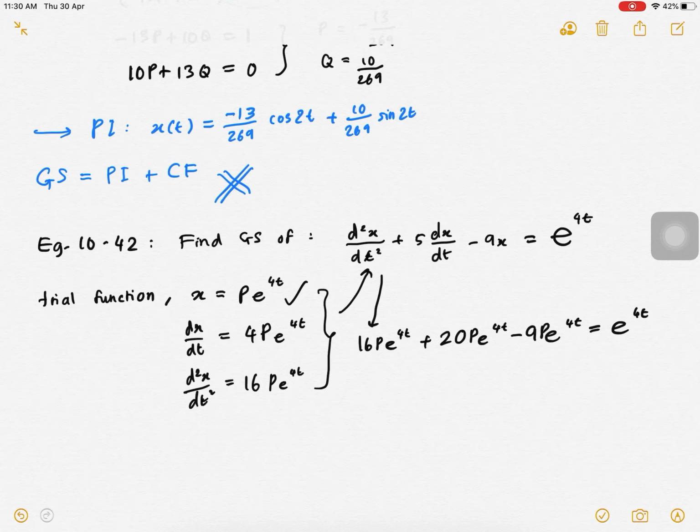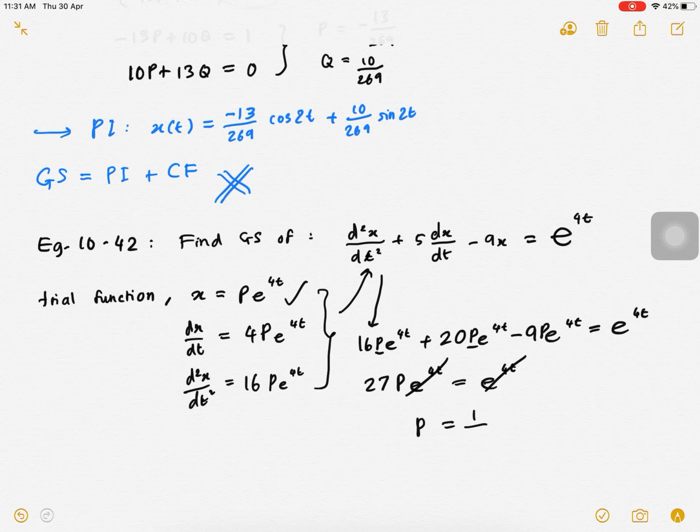This is pretty simple to compare because we only have one constant, which is P. So we just add everything and we can find the value of P. When we add everything, 16 plus 20 minus 9, sorry, we will have 27 P e power of 4t equal to e power of 4t.